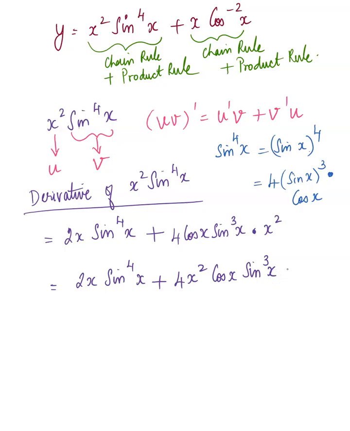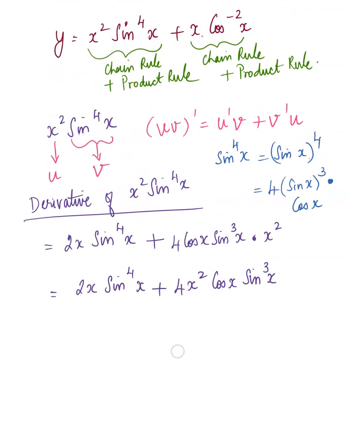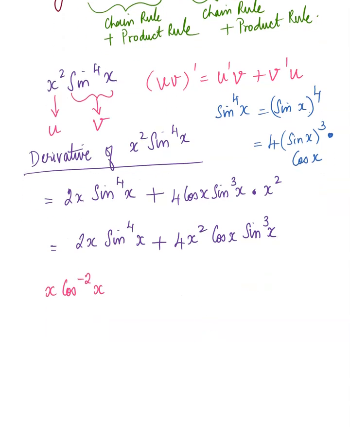Got that? Then let me zoom in on the x cosine power negative 2x. Now you can also see this as x over cosine squared x and do the quotient rule, but we've seen that the quotient rule is usually challenging for us because we've got too many terms to keep track of.